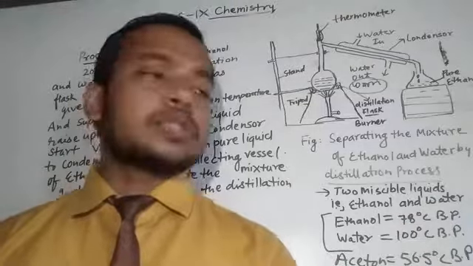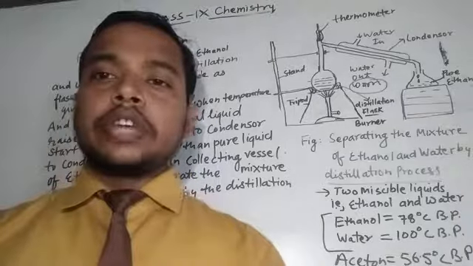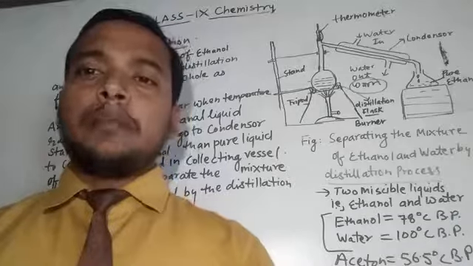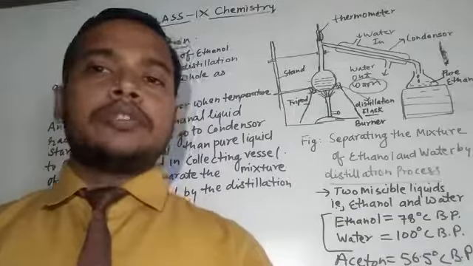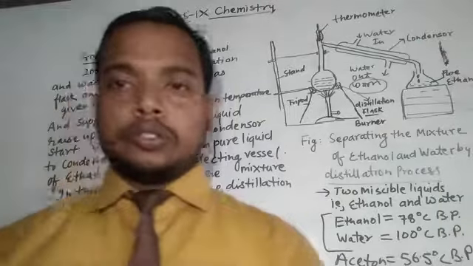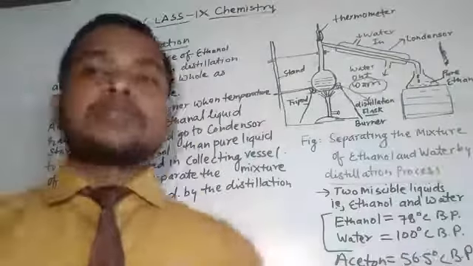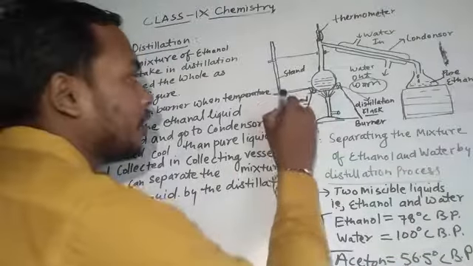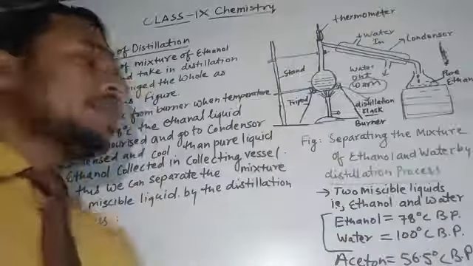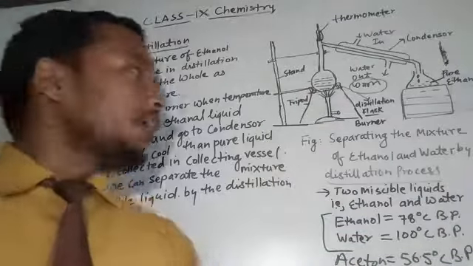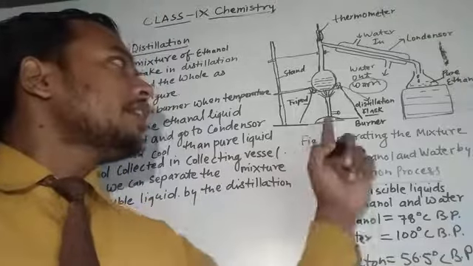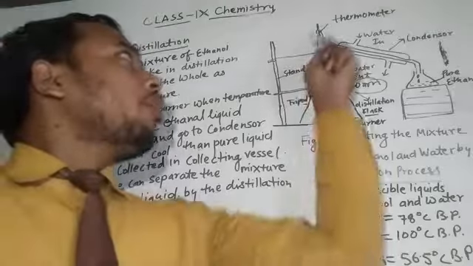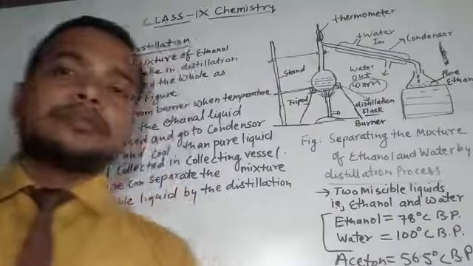So in this way we first take the 200 ml sample of two miscible liquids, ethanol and water, put it into the distillation flask, arrange this setup, and supply the heat from the burner, and observe the thermometer.